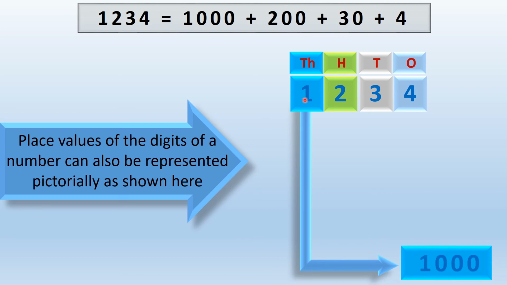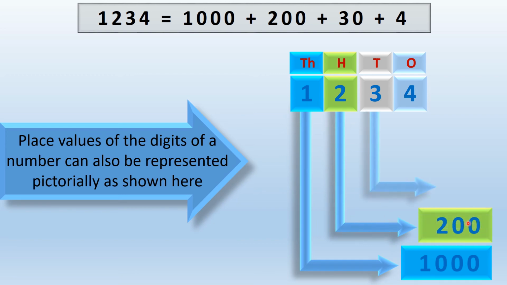Therefore the place value of 1 is 1000 written here, place value of 2 is 200, place value of 3 is 30, place value of 4 is 4. So place values of each digit can be written in this form also.